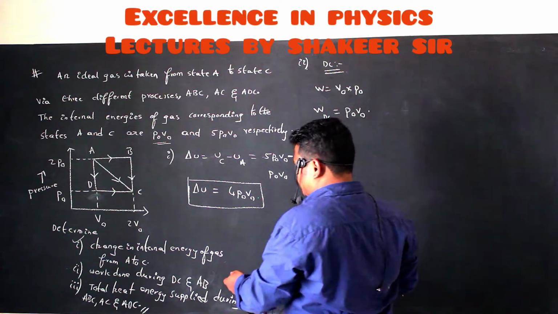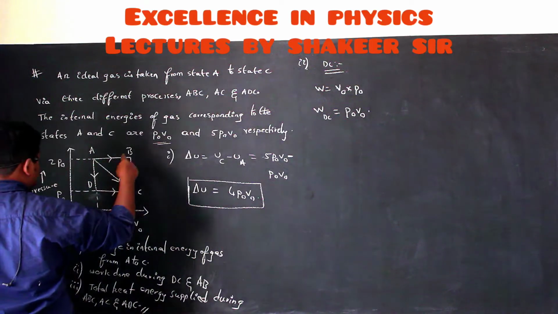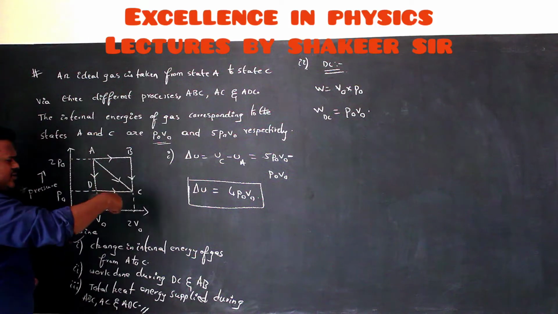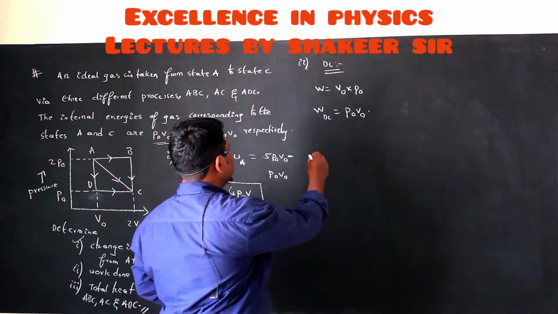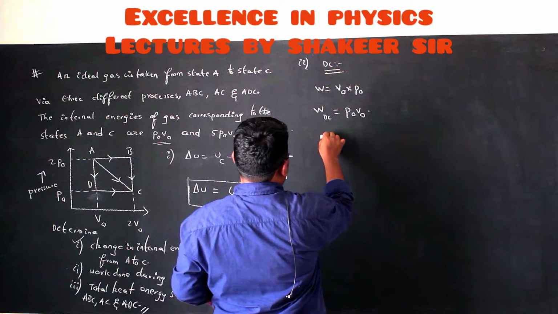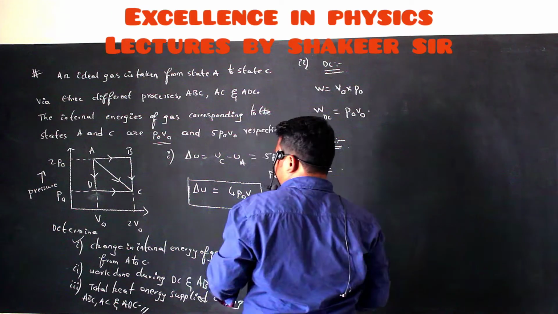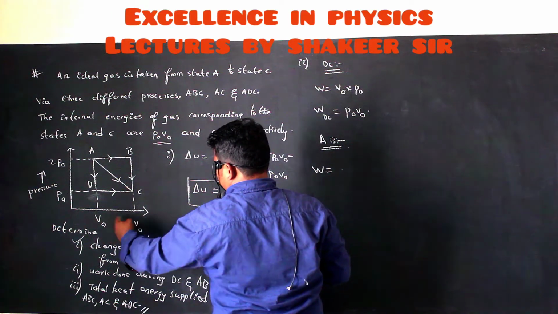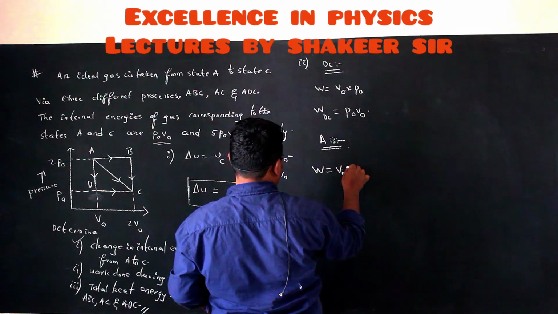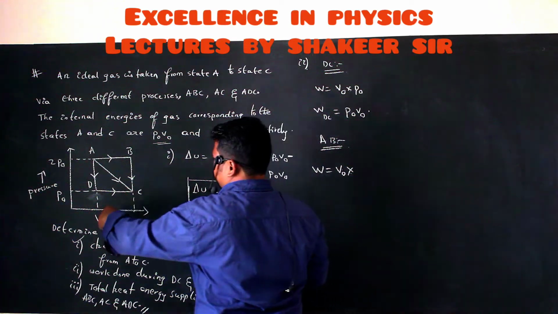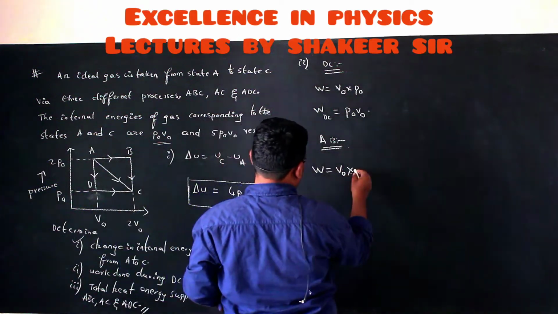Similarly, what will be the work done from A to B? In moving from A to B, again the total area under the AB graph should give the work done. So what is the area under the AB graph? Let us call this the breadth here: 2 V0 minus V0 is V0, into the total pressure under this graph, which is 2 P0.